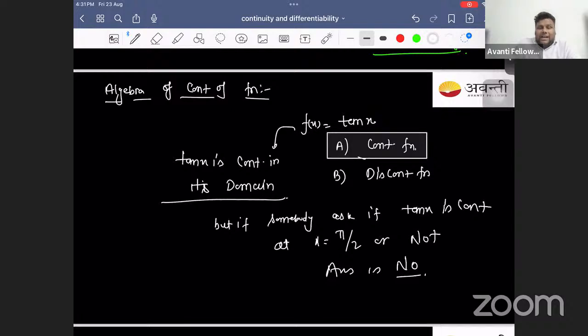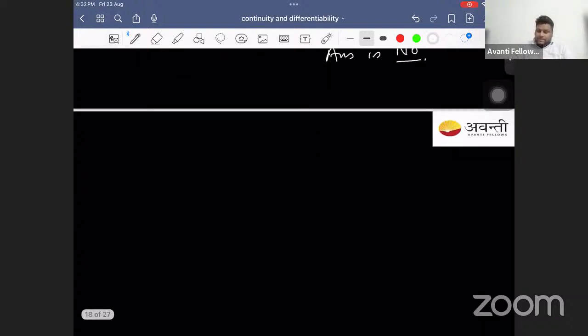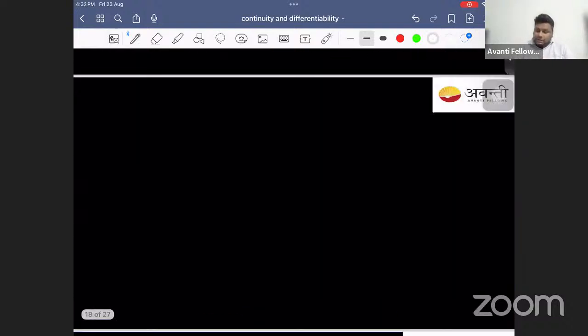Got it? When they ask about a function at that particular point, we will give answers according to that point. Otherwise, tan x is a continuous function. Got it?